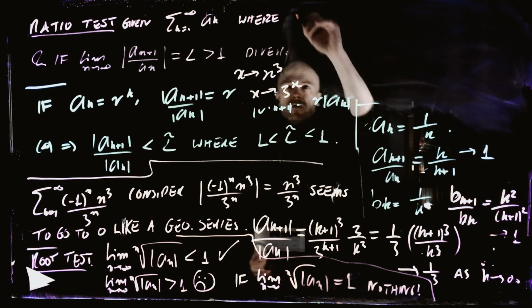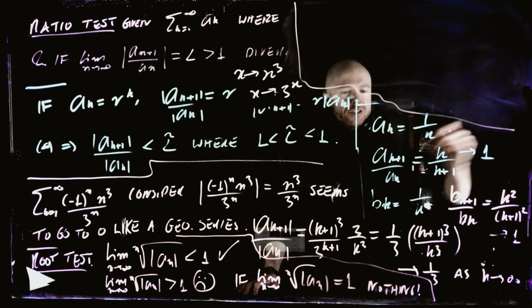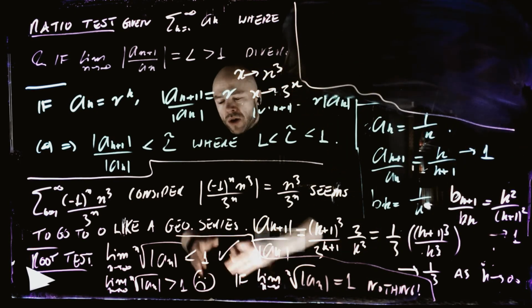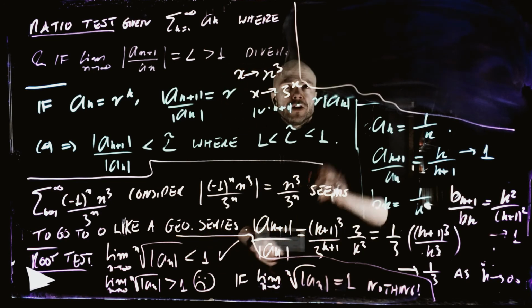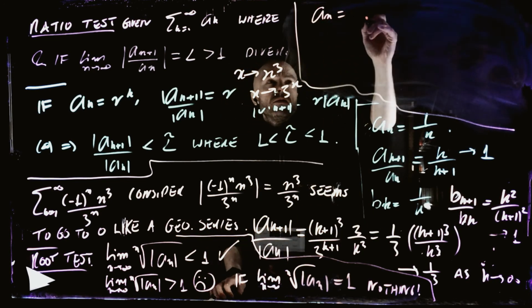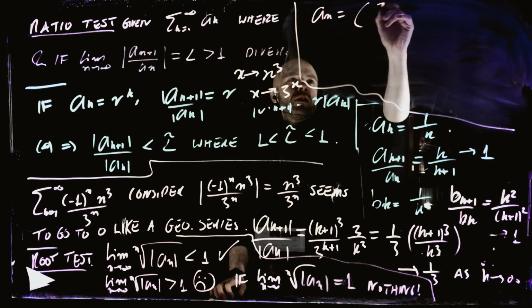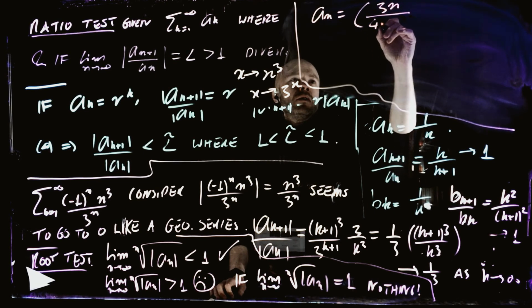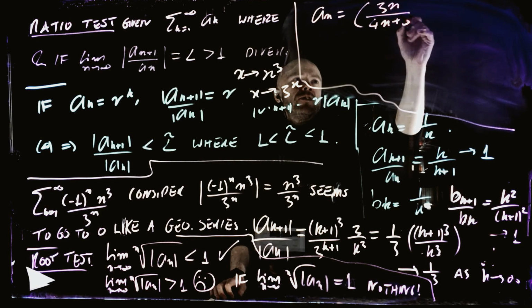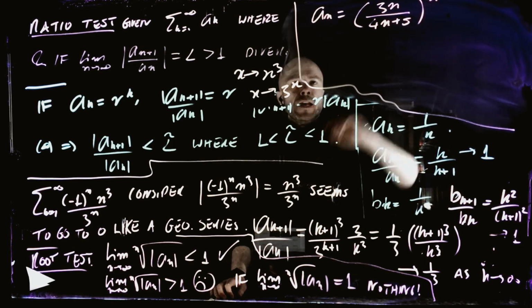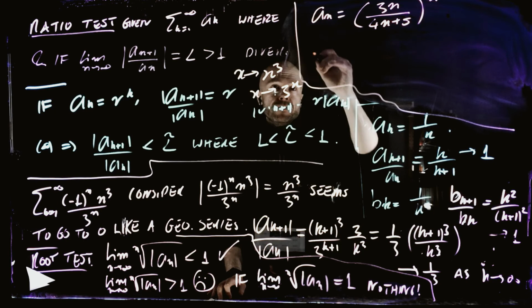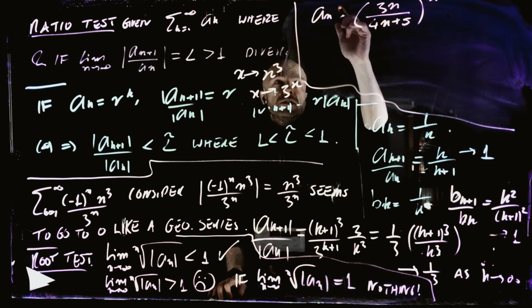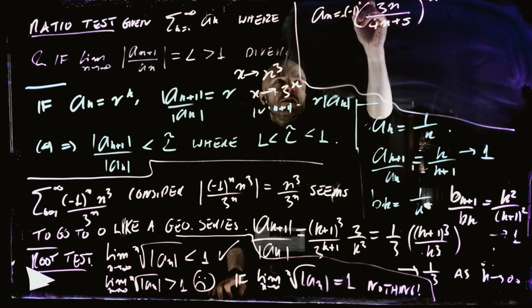And what's it useful for? It is less useful than the ratio test unless you have something where taking the nth root simplifies the expression. So if a_n was something like (3n over 4n plus 5) to the power n, then let's make it exciting with a plus or minus 1. Yeah.